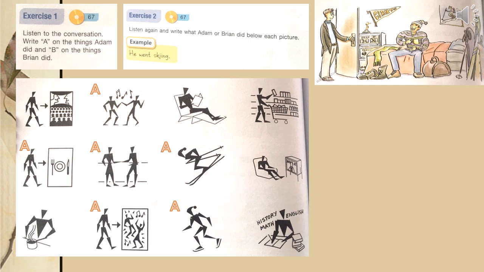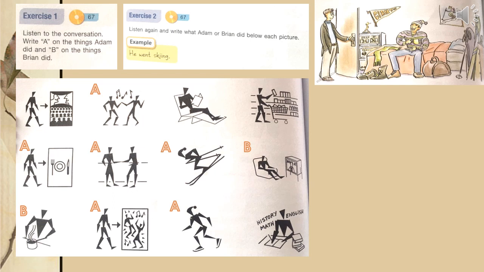Are there other things that Adam did? I guess not. Okay, now let's move on to the things that Brian did. What are the things that Brian did? First is watch a lot of TV, right? And the next one is he cooked his own dinner.